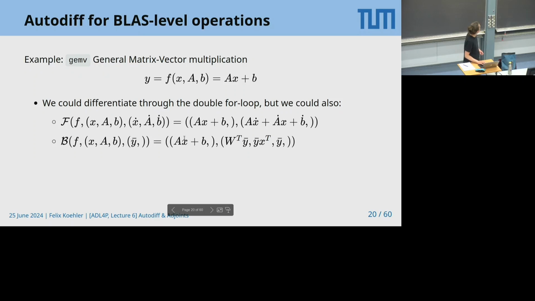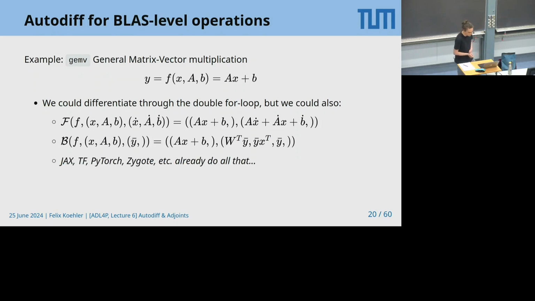We, for instance, backpropagate the cotangent on the output to the cotangent on x by multiplying the matrix transpose with y bar. They are, of course, a bit more difficult to derive, but you can do this. And again, they are baked into all the deep learning frameworks. So that's what I want to mention here.